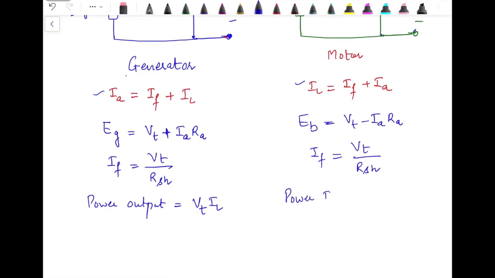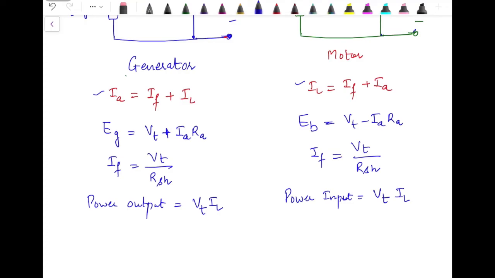In this case, we have power input, which is equal to input voltage VT and input current IL. Usually in the rating of DC machines, the line current and power input are given for a motor, and for a generator the power output and the output current to the load are given.